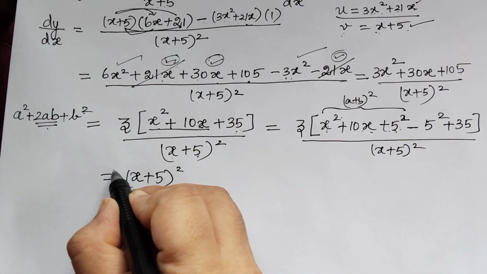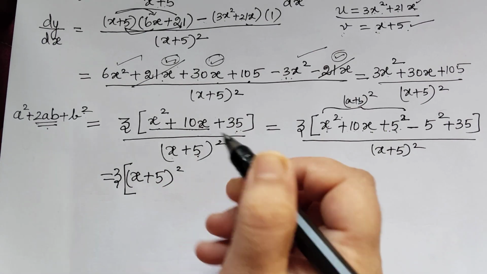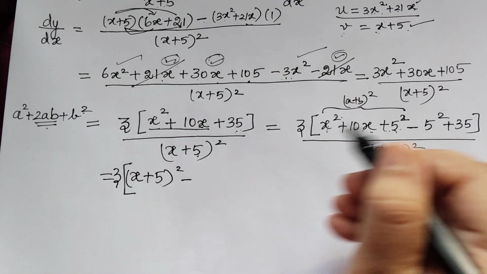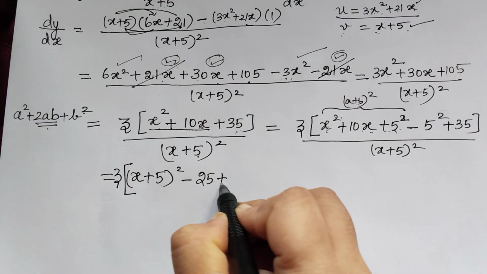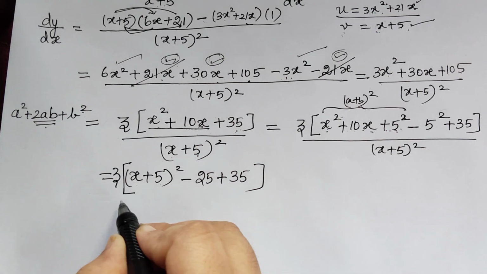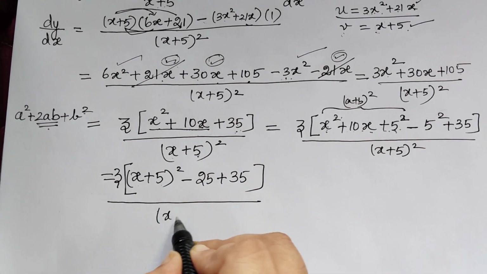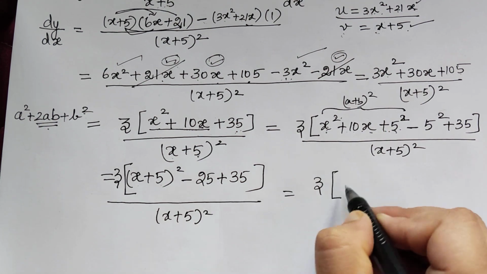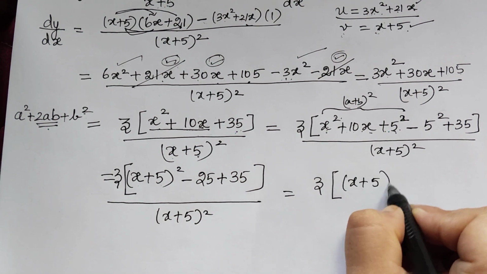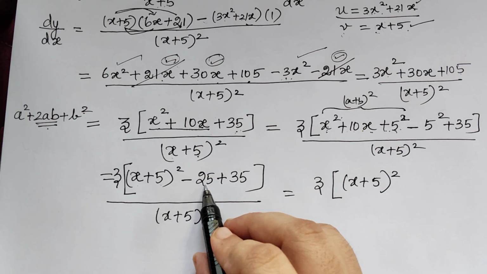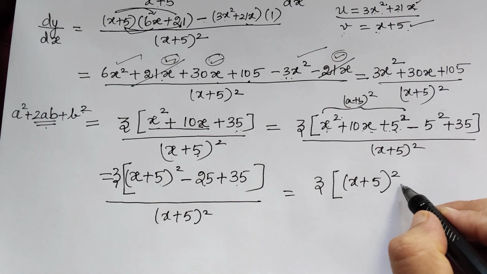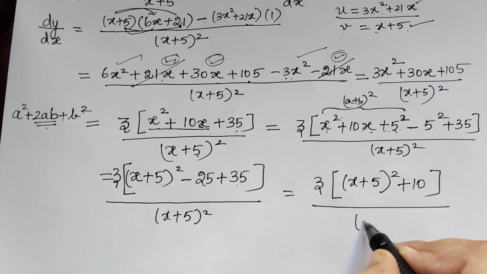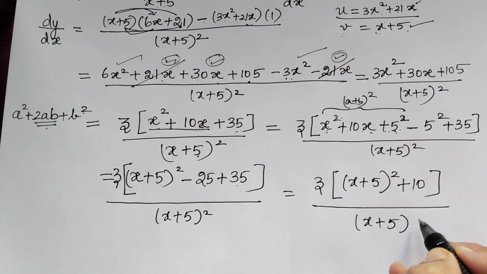So 3 also we have outside, and x plus 5 the whole square minus 5 square is 25 plus 35 divided by x plus 5 the whole square. So that's equal to 3 multiplied with x plus 5 the whole square. What is minus 25 plus 35? It will be plus 10. So plus 10 divided by x plus 5 the whole square.